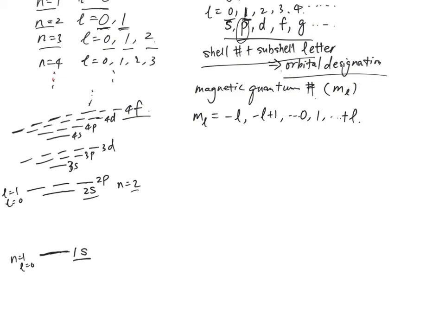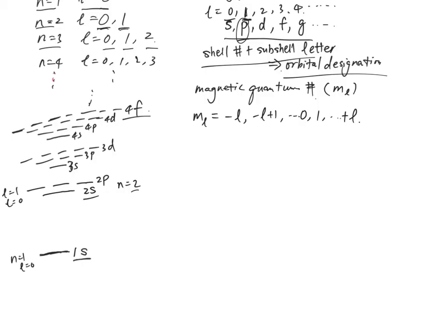And now, what good does this do? Remember, we were saying we cannot differentiate the splits of a subshell into individual orbitals.